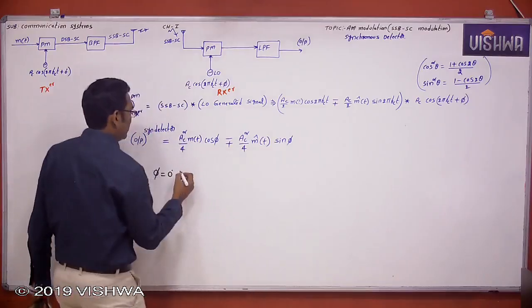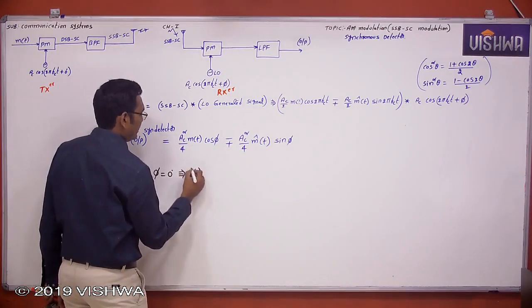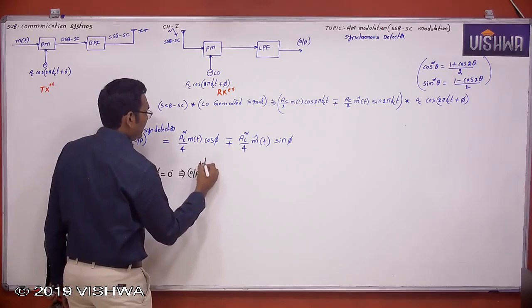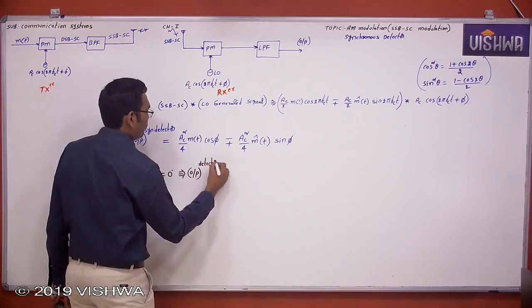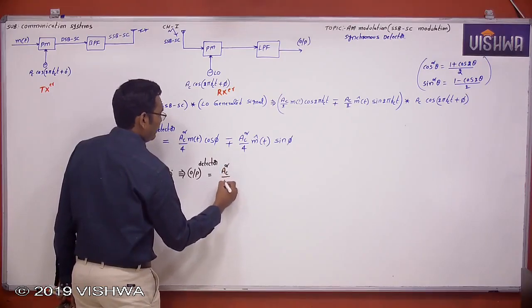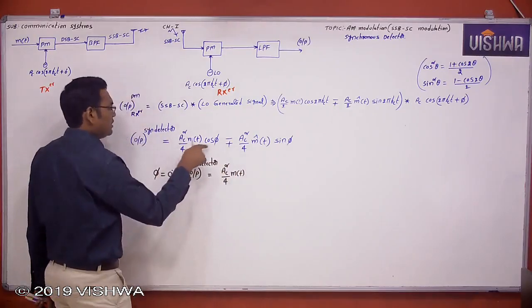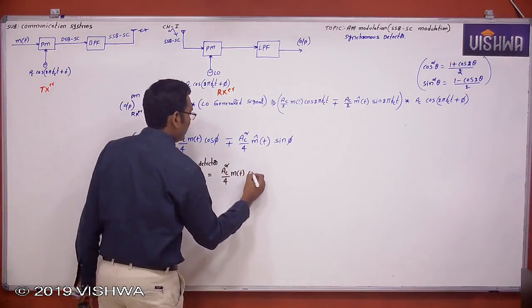Then the output of the detector is A_c square by 4 m(t), since phi is 0 and cos 0 is 1.